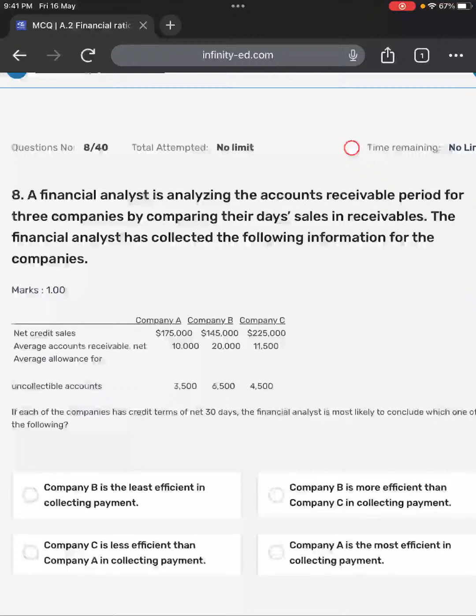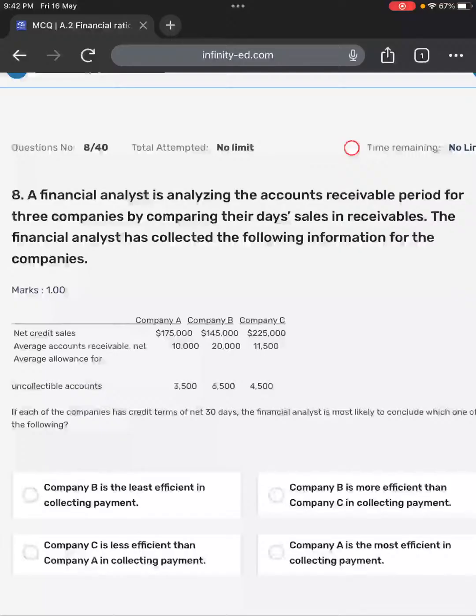Now question number 8. A financial analyst is analyzing the account receivable period for three companies by comparing their days sales in receivables. The financial analyst has collected the following information. There are three companies A, B, C. Net credit sales is given, average account receivable in net is given, and average allowance for uncollectible accounts is given.